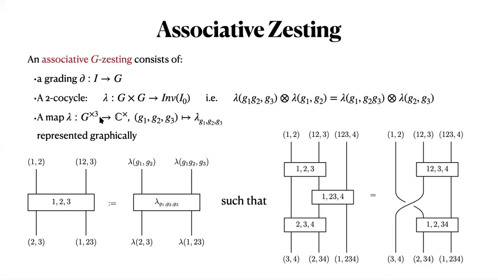So the top 3 are 3 elements in G. Yeah, so here is the idea of the notation. When I write 1, 2, I mean lambda of G1, G2. When I write 1, 2, 3, I mean lambda of G1, G2, comma, G3. Oh, okay, I see the notation. So in the middle, there are three things, so there's a scalar. Okay, thanks.